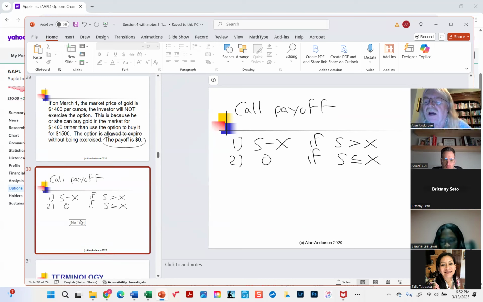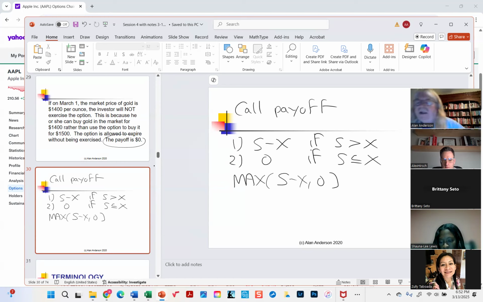In the second case, we do not. And so algebraically, it's common to write it like this: max of S minus X and 0, meaning that it's the greater of the two. It's never going to be negative, so that's why it's written that way. Max stands for maximum. So if S is greater than X, we have a payoff equal to S minus X, which is positive. Otherwise, we get nothing.